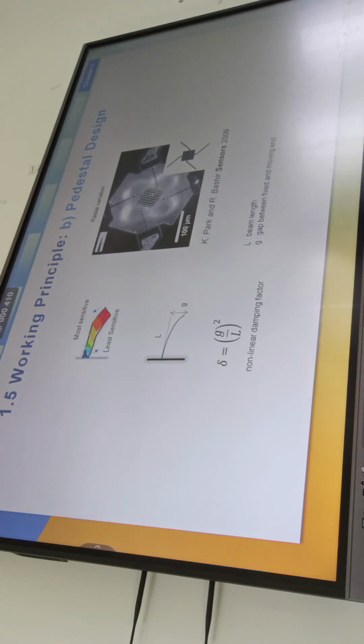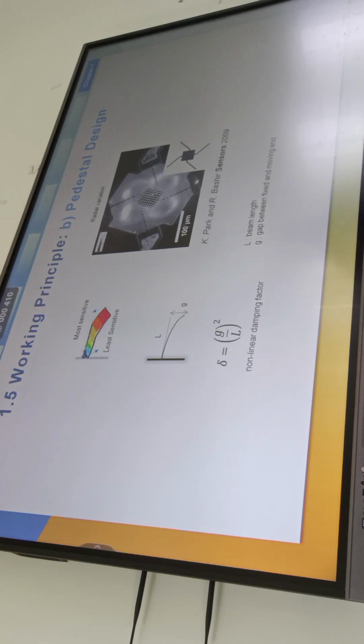In the second one, why we have taken the pedestal design: in a general cantilever, which is fixed at one end and free at the other, we observe that the free end is more sensitive compared to the fixed end.